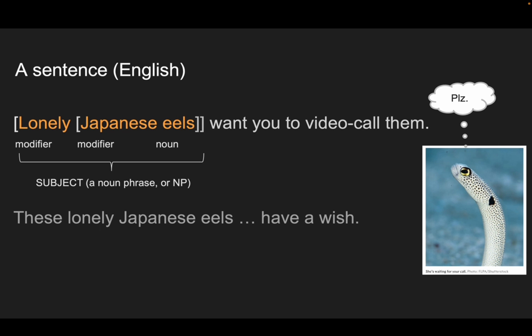The verb, in most sentences, the predicate is built around a verb. And the verb want, that has a meaning that says, look, somebody's got to do the action of wanting. Who's wanting stuff? It's lonely Japanese eels. So they're the subject, right? The subject of want, the ones doing the wanting.